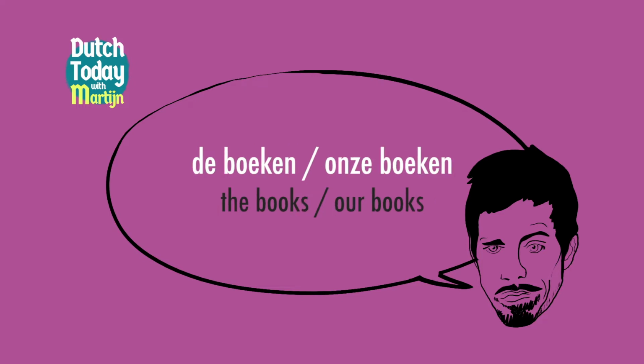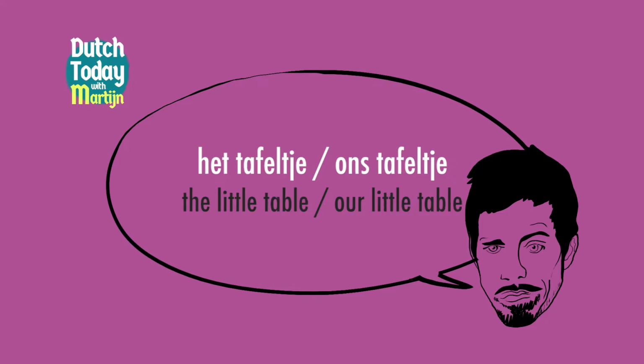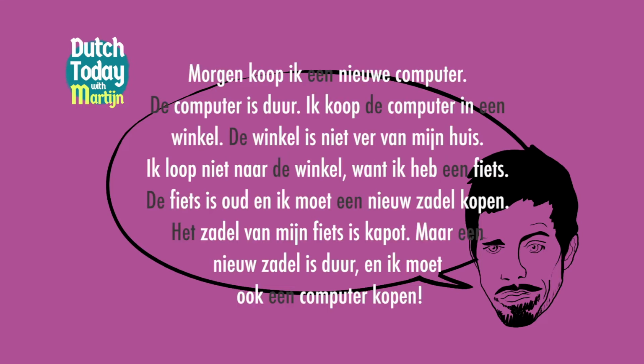De boeken, onze boeken. Het tafeltje, ons tafeltje. Het stoeltje, ons stoeltje. De stoeltjes, onze stoeltjes. So you see that plurals always, even if they're in the diminutive, get de and not het.